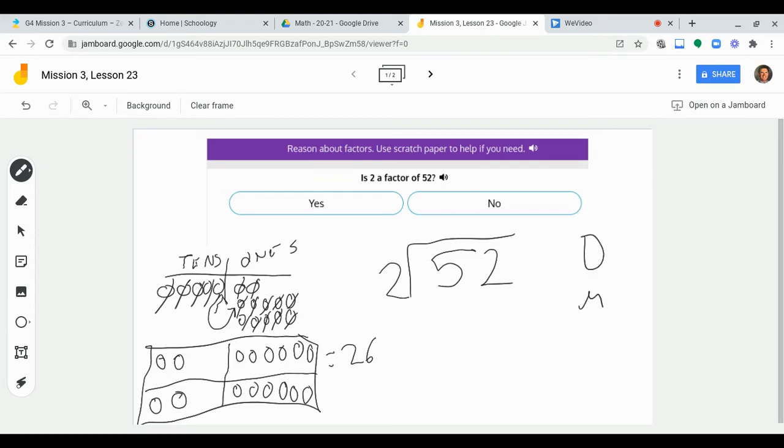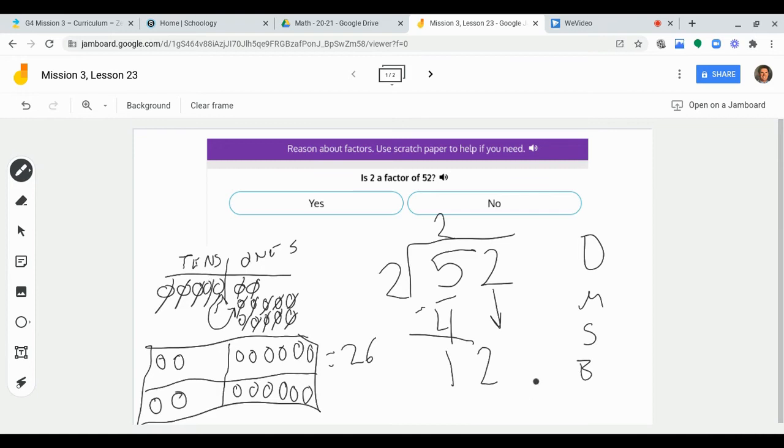So divide, multiply, subtract, bring down. I start with the tens place. I do 5 divided by 2. How many times does 2 go into 5 without going over? It goes in 2 times. Then I multiply. 2 times 2 is 4. I write it right under there. Then I subtract. 5 minus 4 is 1, because I had 1 left over. I bring down the ones, the next place value, so it's 12, which is just what I had here.